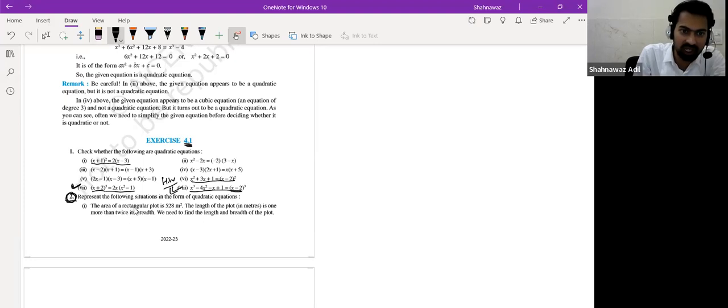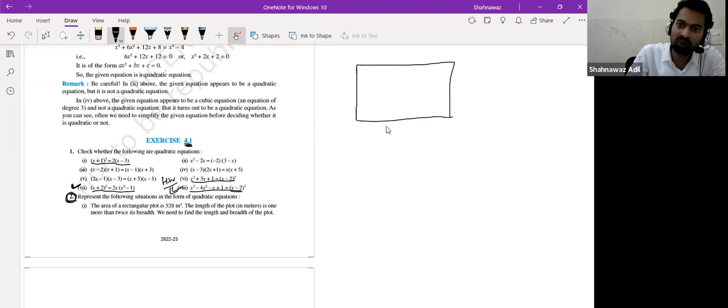The area of a rectangular plot is 528 meters square. The rectangular plot has 2 dimensions. The first one is the length and the other one is the breadth.